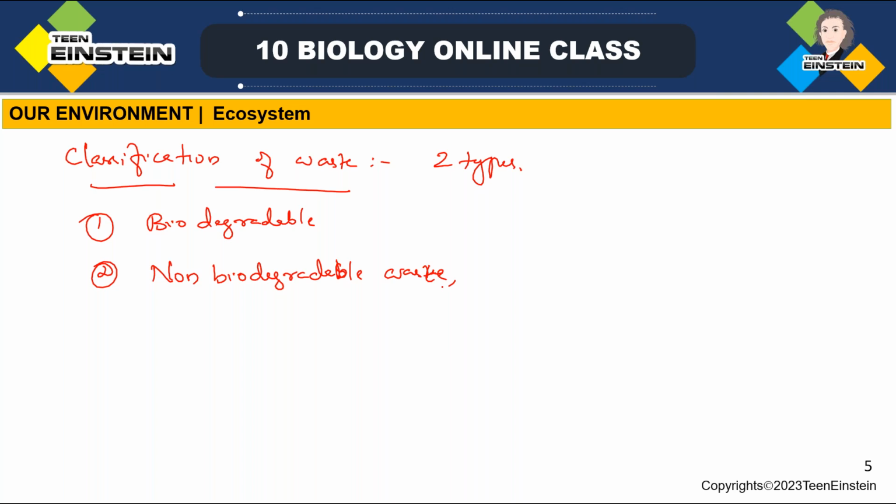Okay, what is biodegradable waste? Biodegradable waste means waste which can be broken down into degradable form. Substances that are broken down by biological or microbial action are called biodegradable waste.